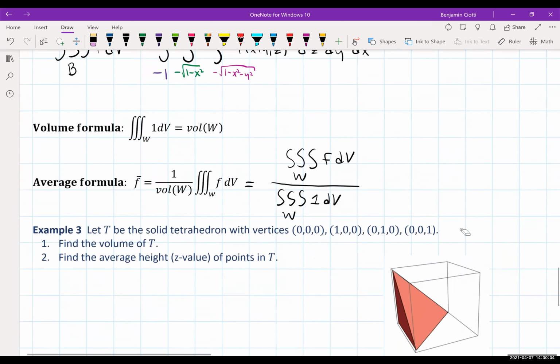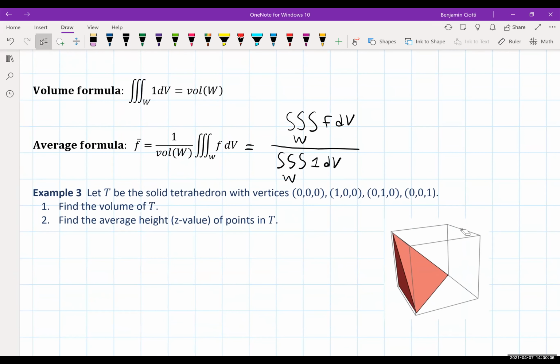Okay, so the main thing I need to do today is this one big long example. This is going to take a minute. So here's the problem, and this will take up the rest of the class. Let T be the solid tetrahedron with vertices (0,0,0), (1,0,0), (0,1,0), (0,0,1).